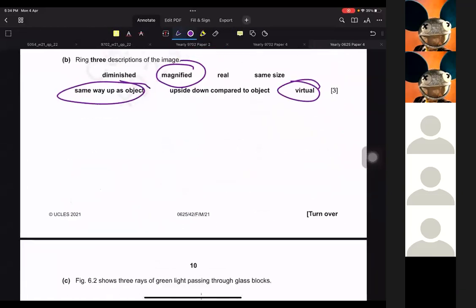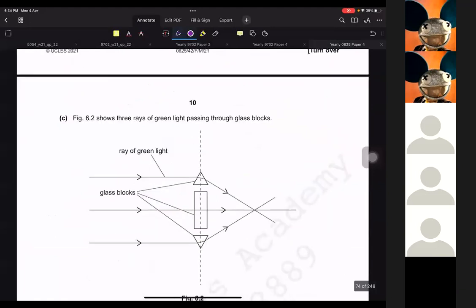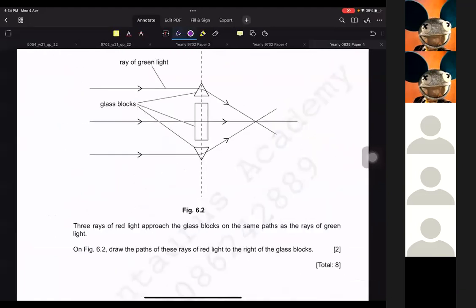Okay, then it shows 3 rays of green light passing, and then 3 red light rays approach the glass block on the same paths as the green light. Draw rays for red light. Okay, fine. So there are green lights, and now it says 3 red light rays approach the glass block on the same path. So if the red comes, because red bends least when it passes through this, so it should be like this.